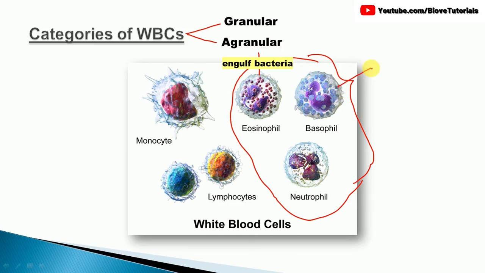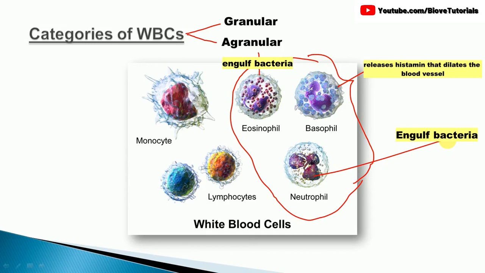The function of basophil is to release some chemicals called histamine, which dilate the blood vessels. In case of neutrophils, the nucleus is 3-lobed or 4-lobed, and their function also is to engulf bacteria. All these are formed in the bone marrow.